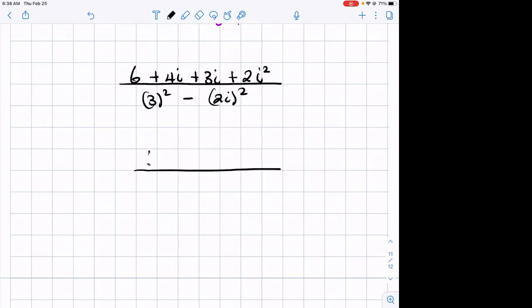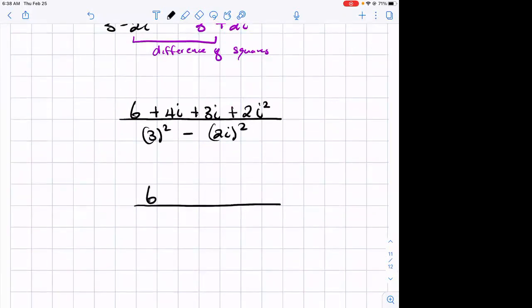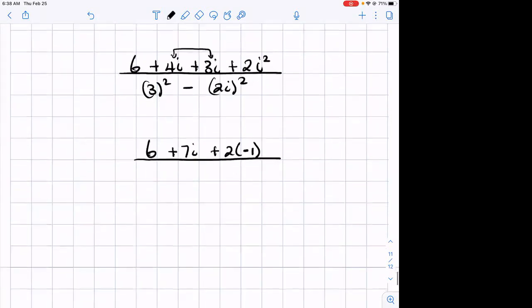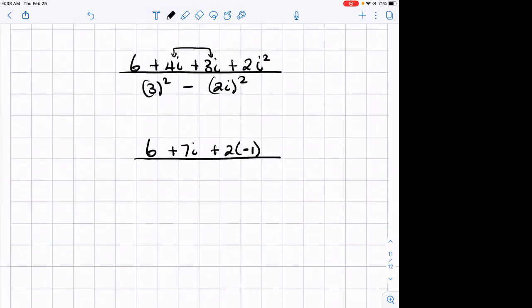So we have 6 in the numerator. Combine the like terms: 3i and 4i becomes plus 7i, plus 2, and i squared is minus 1. In the denominator, 3 squared is 9, and then minus 4i squared, because 2i quantity squared means 2i times 2i, which is 4i squared.